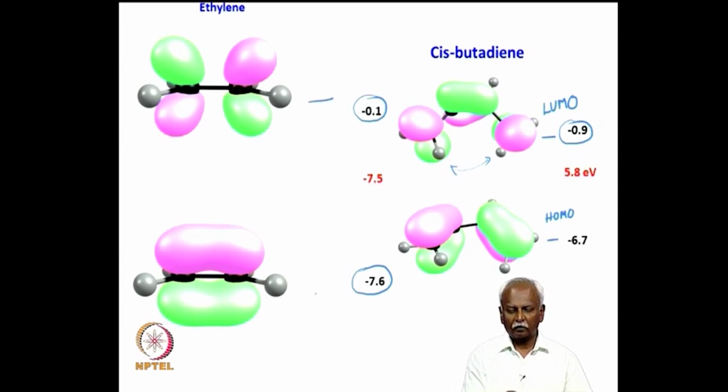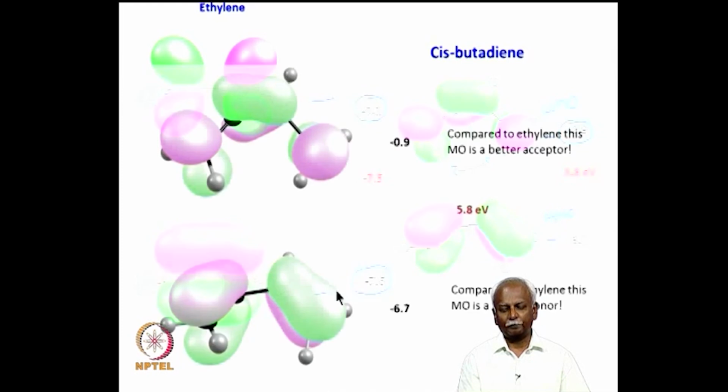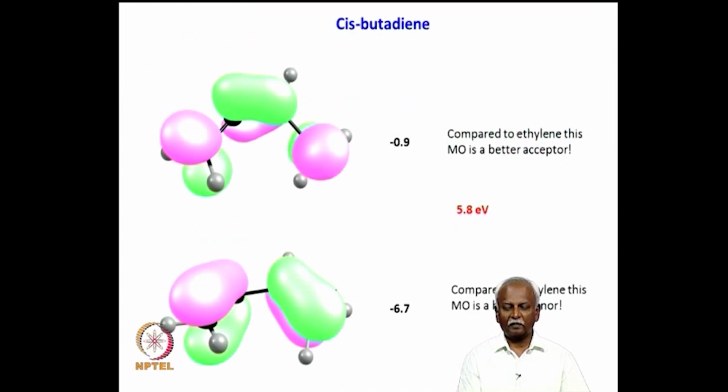So, what this results in is the fact that you can put in electron density much more easily into the LUMO of the cis butadiene than you can put it into the LUMO of ethylene. So, cis butadiene is a better acceptor, and at the same time it turns out to be a better donor. So, this has got some very important consequences.